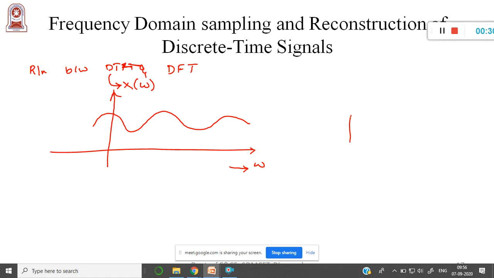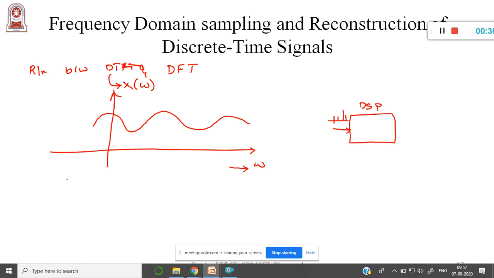Now it is not possible to process this in my DSP, digital signal processor, because it is again a continuum of frequencies. What procedure should I follow in order to get discrete values into my system? I need to get this kind of discretized signal, right? How do you get this type of signal? What is the solution?